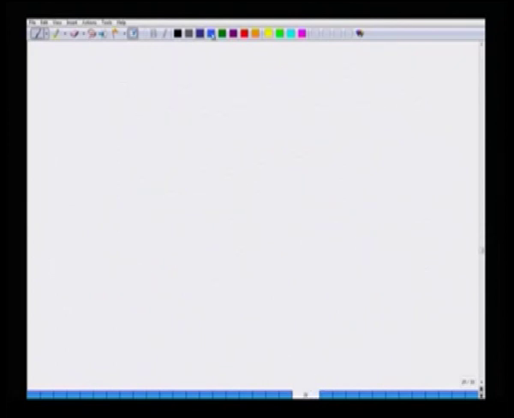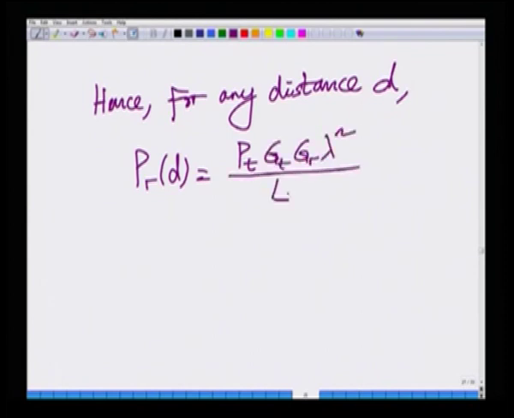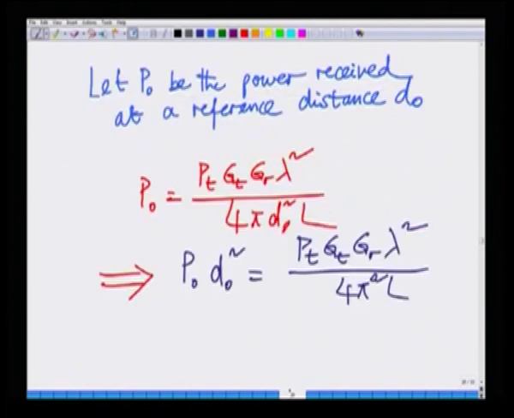Hence, for any distance d, the received power as a function of d equals Pt Gt Gr lambda square divided by 4 pi square L into 1 over d square, which we already saw is P naught d naught square.